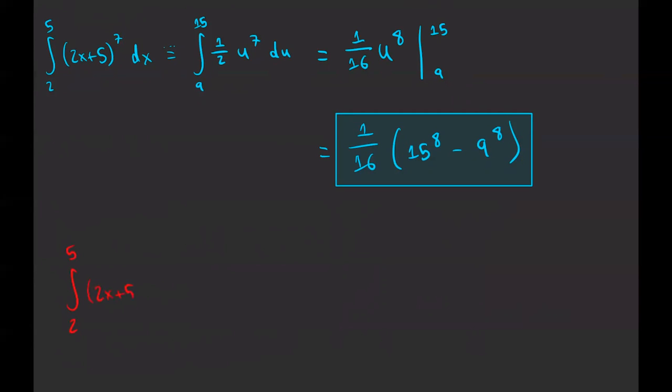If I write this statement here in the red, obviously there's u sub that's going on in here, right? We have our u equals 2x plus 5, and our du equals 2 dx in there.